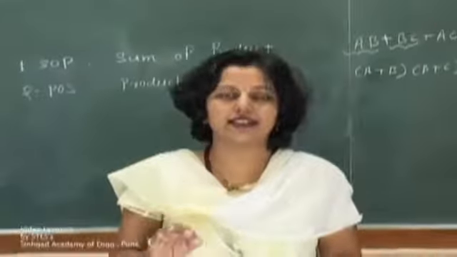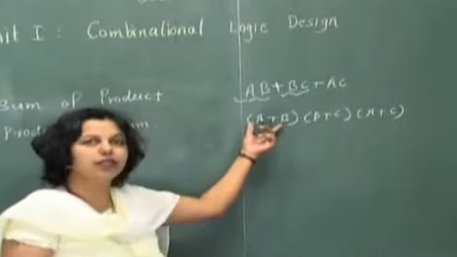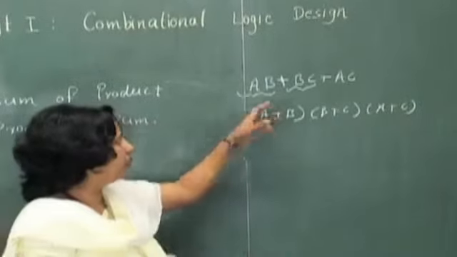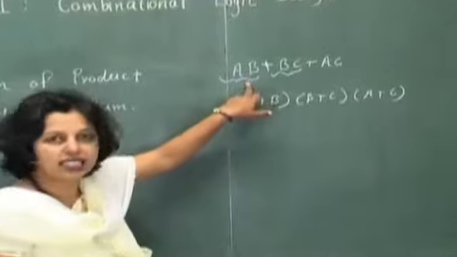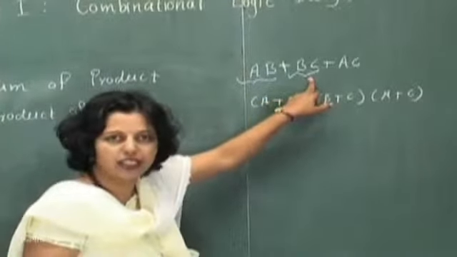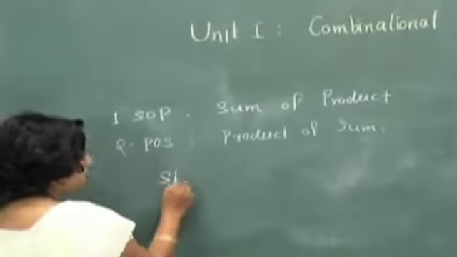When all the literals of the given variables are present, it is called a standard SOP or standard POS form. That means the missing literal C should be added here, and similarly A should be added here. Then only it will become a standard SOP or standard POS form.